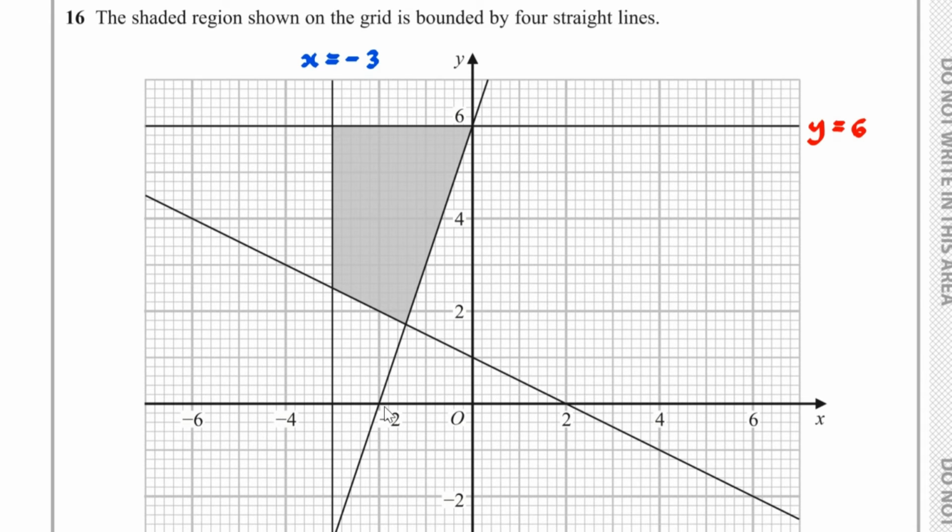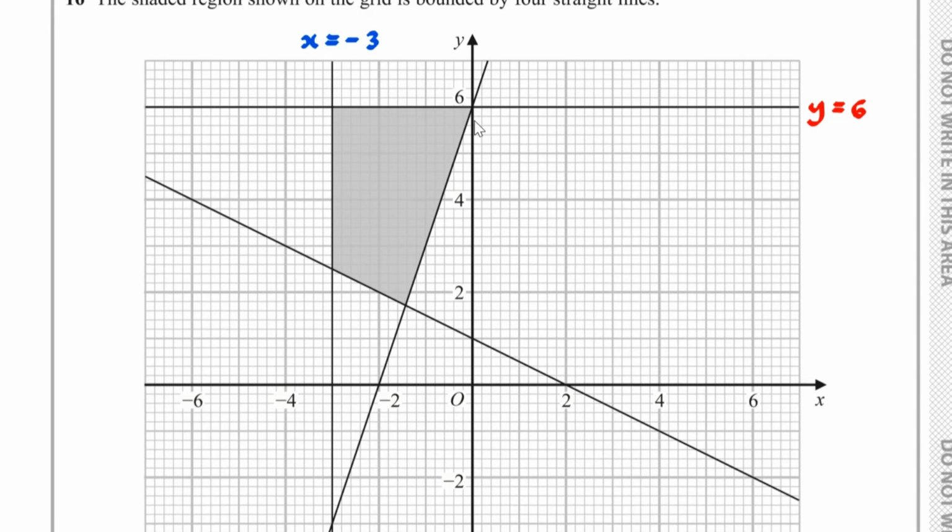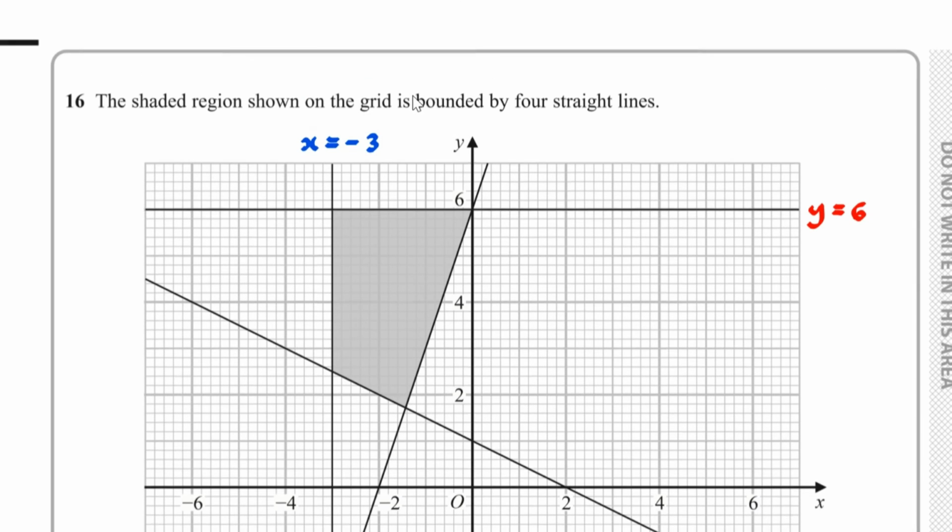Now here we've got a gradient of, we go 2 across, 6 up. So the gradient there is, rather, if here we've got 6 and here we've got 2, that gradient is equal to 3. So it passes through the point 0, 6. So this line here is y equals 3x plus 6.